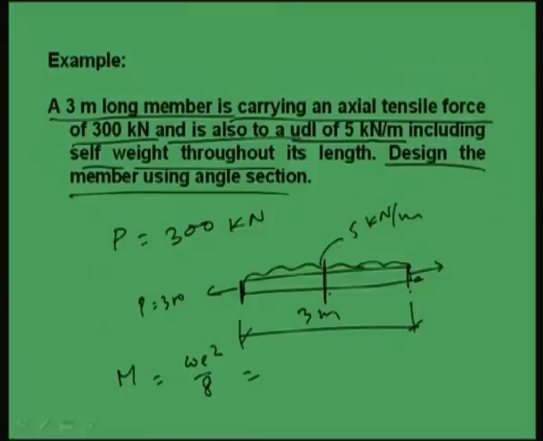If we consider WL square by 8, this will become 5 into 3 square by 8, so the moment is coming 5.625 kilonewton meter.